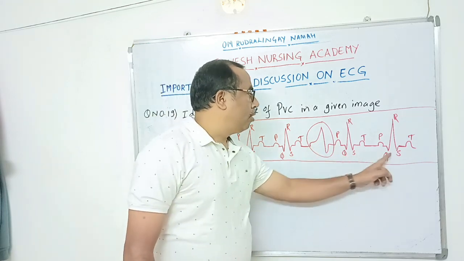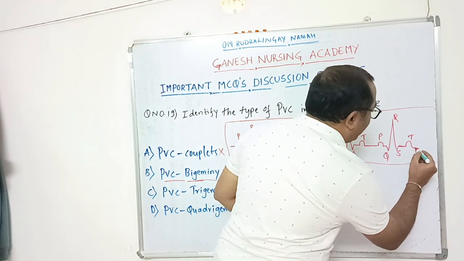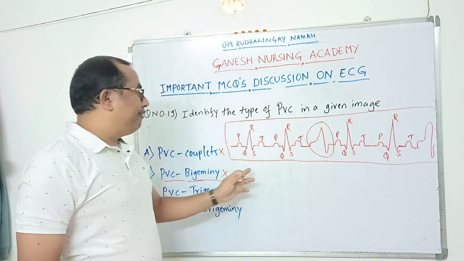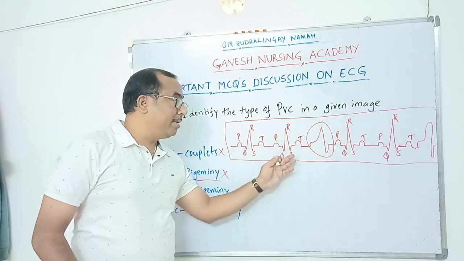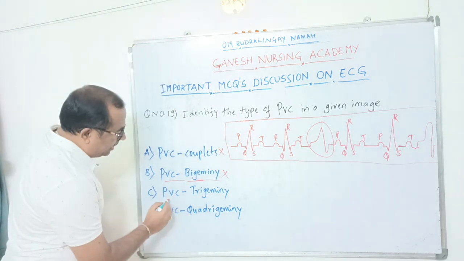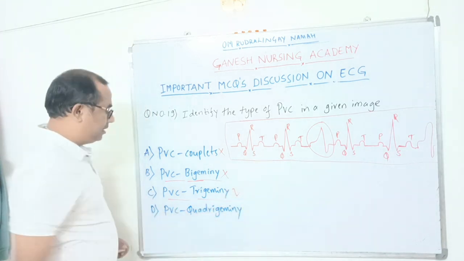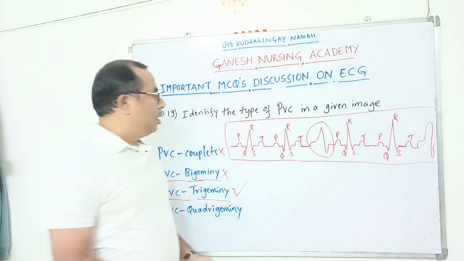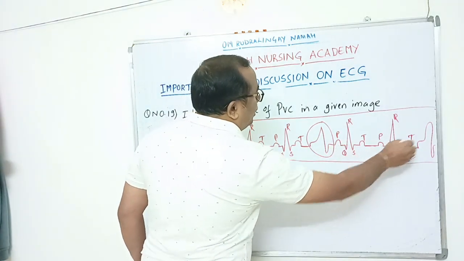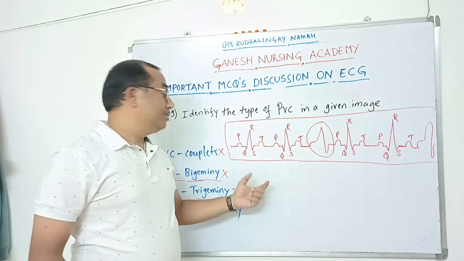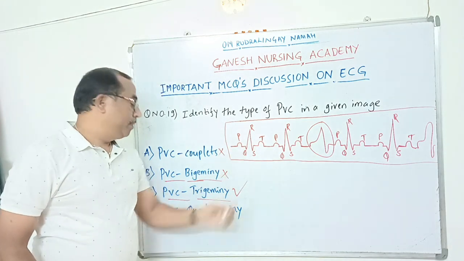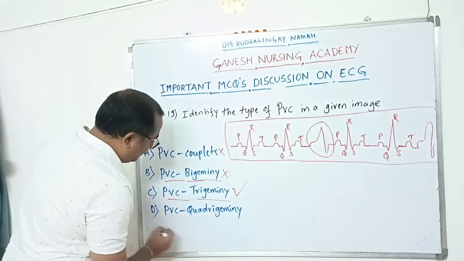Again normal rhythm, and again the third beat is ectopic. When two beats are normal and every third beat is ectopic, this is known as PVC trigeminy. So this is the right option.